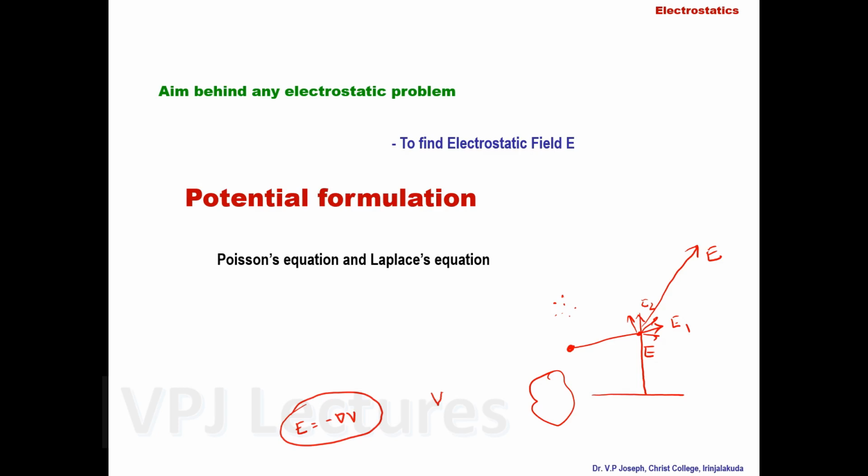That is of much importance in our cause-effect principle, to find the effect due to a complicated cause. Such equations are called Poisson's equation and Laplace equation. So potential formulation is a helping tool.